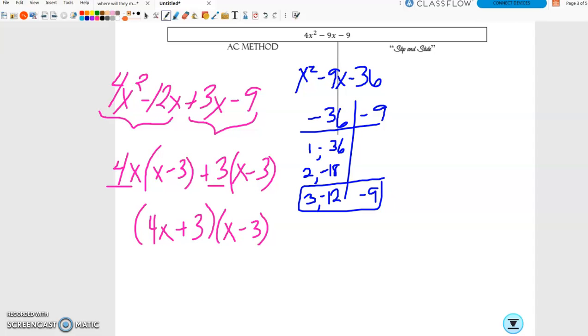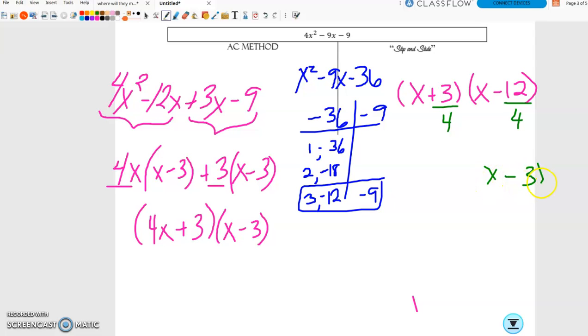Now let's do the same problem for slip and slide. For slip and slide, you just take whatever factors you had, put those inside the parentheses, and then you literally work on the slide part of it, where you slide that 4 back under each one of those factors that you found. 3 over 4 doesn't simplify, but negative 12 over 4 does. That one simplifies to x minus 3.